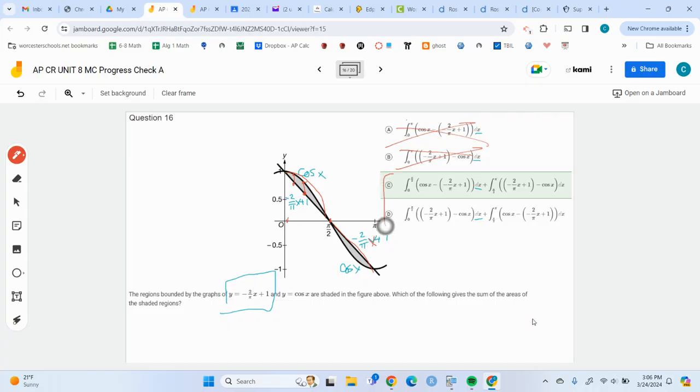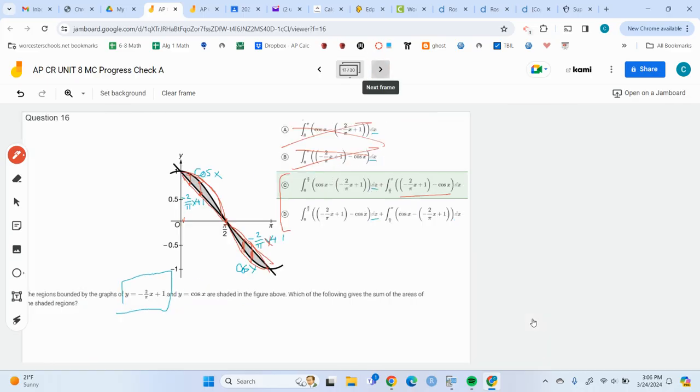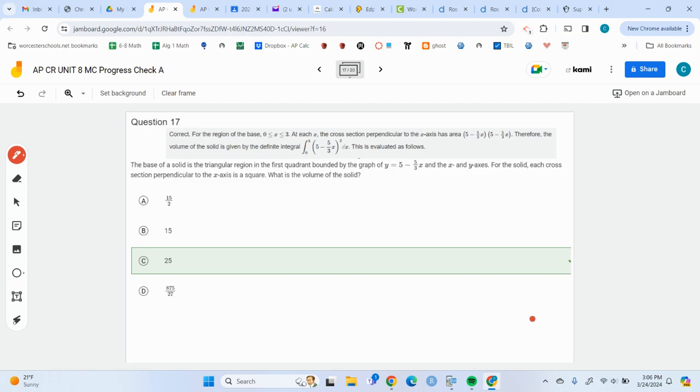So it has to be C or D. At first the top curve is cosine, so it's going to be cosine minus the line. Then it's going to be the line minus cosine, top minus bottom. All right, so C.